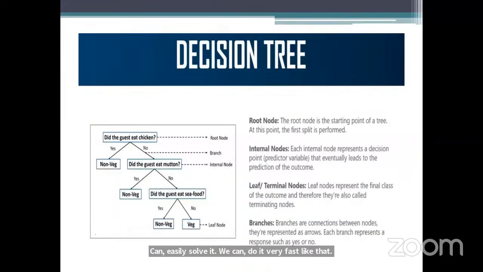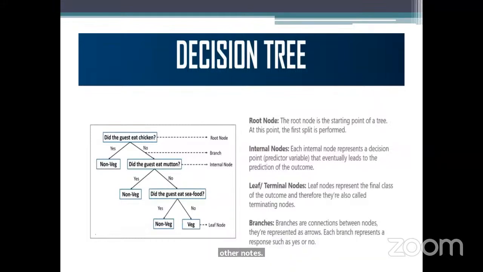Now let's understand the structure of the decision tree, right? I just showed an example of how the decision tree works. First of all, we have something known as a root node. The root node is important. It is the starting point of the decision tree. Here you will perform the first split, into two other nodes or three other nodes, depending on the problem statement.